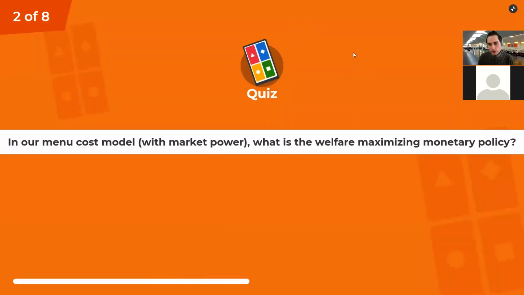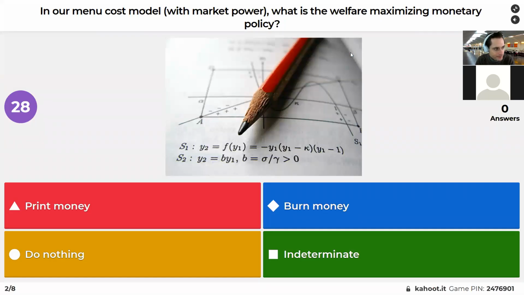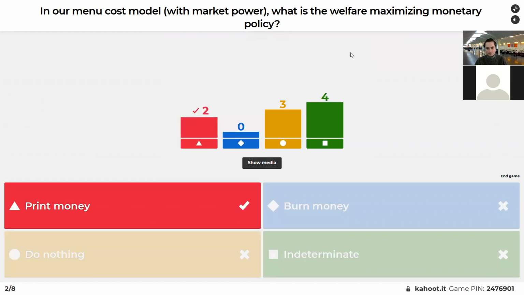In our menu cost model with market power, what is the welfare maximizing monetary policy? All right. So a lot of people said indeterminate, but a point from the slides was that when you have market power, that's like monopolists.